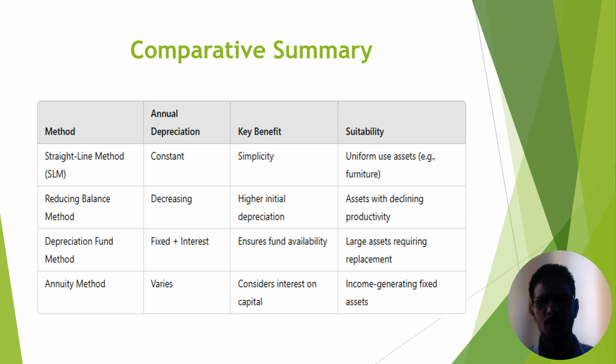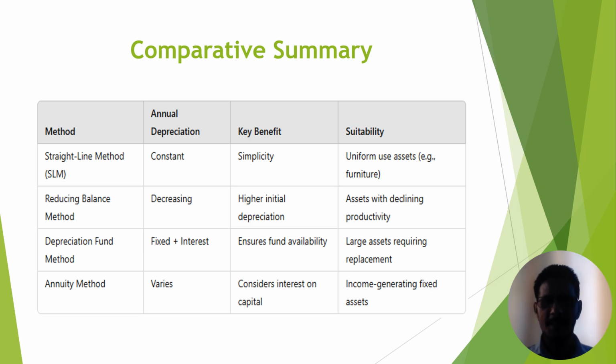Maybe first year 10,000, second year 9,000, then third year 9,500. It is according to market fluctuation. The main benefit of this method is that we consider interest on capital. Here we consider opportunity cost: if we invest money in the market, or if we do not invest and instead purchase an asset.